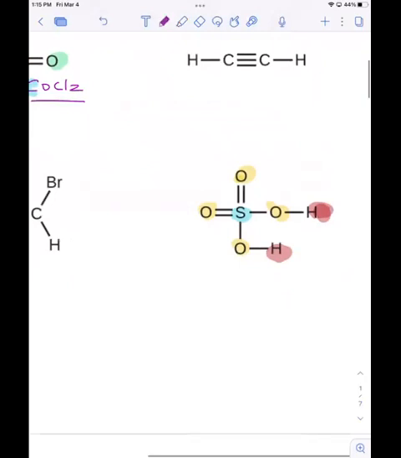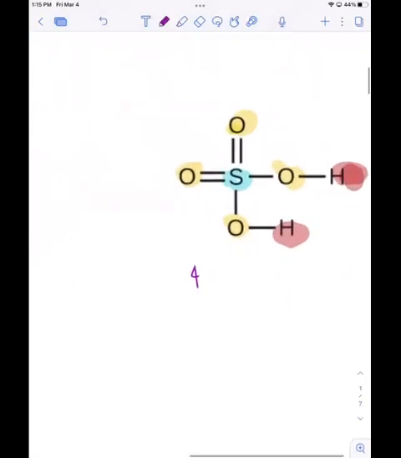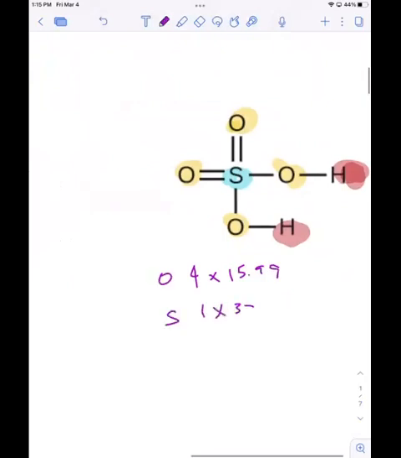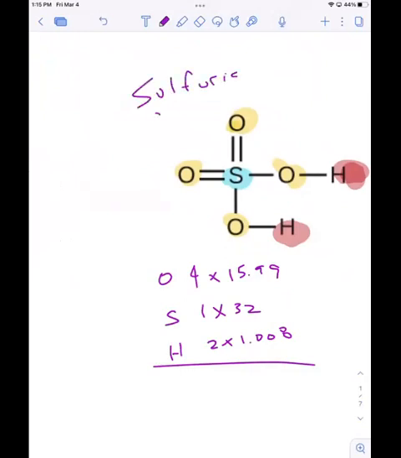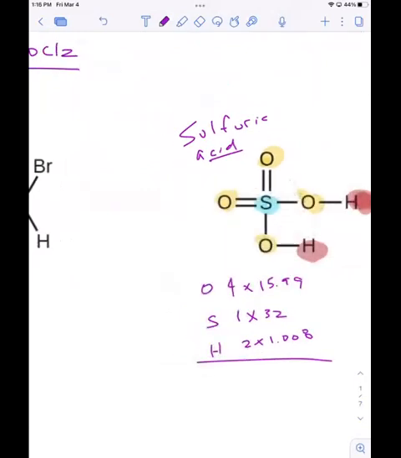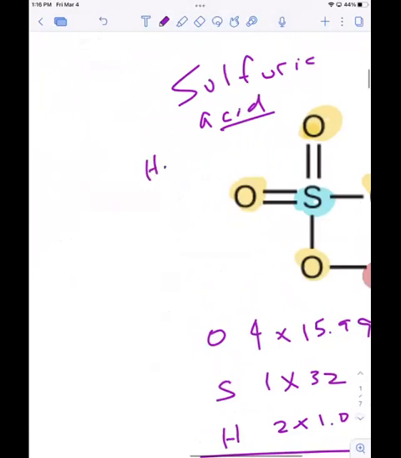So that's going to be 4 times 15.99 for oxygen. Sulfur will be 1 times 32. Hydrogen will be 2 times 1.008. All right, and this is sulfuric acid. And you'll see this sometimes written out in condensed form like this, H2SO4.